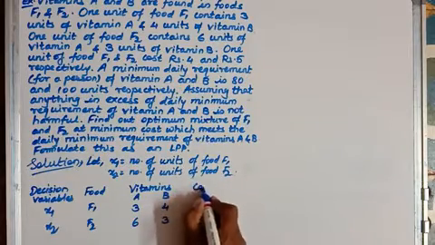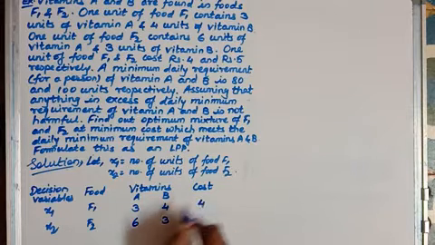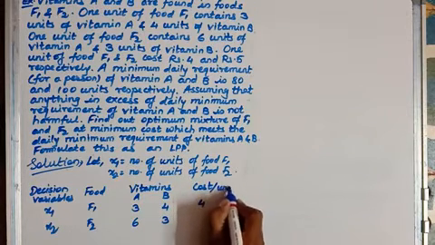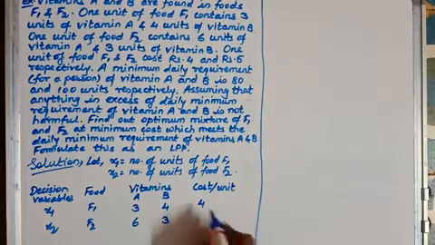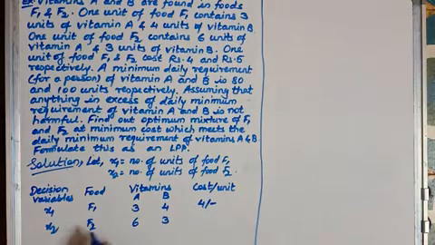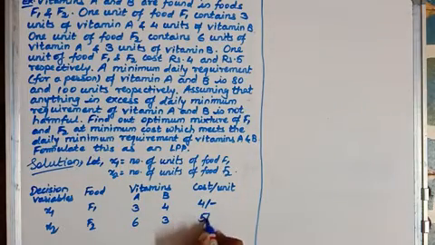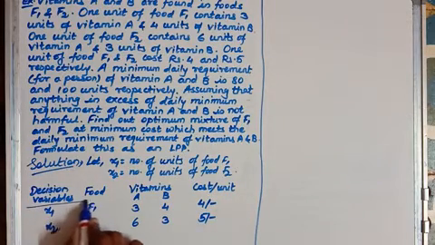So the cost per unit of food F1 is rupees 4 and of food F2 is rupees 5. Okay, so this is our table here.